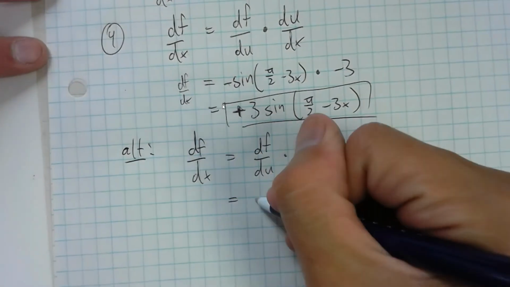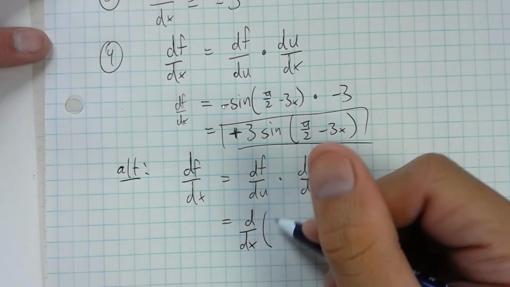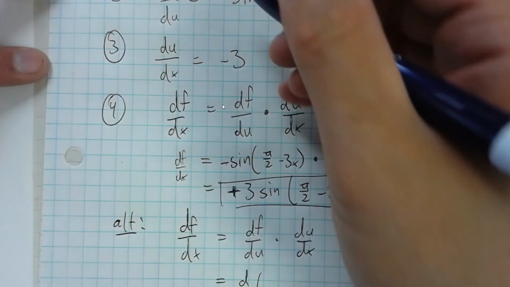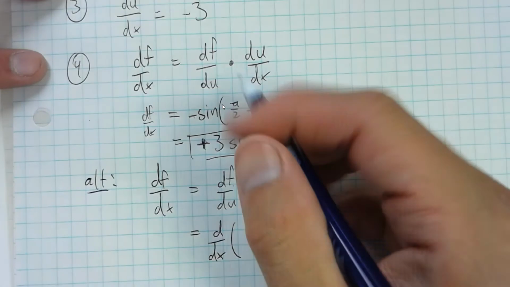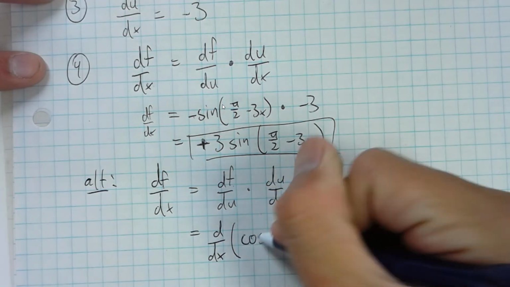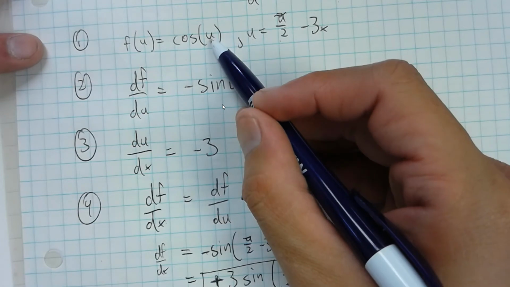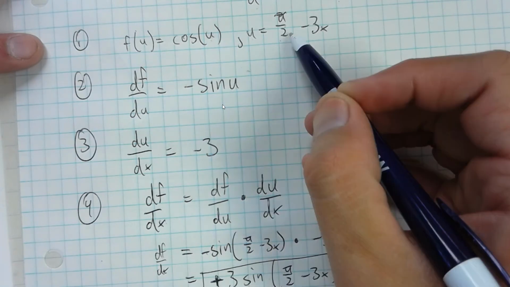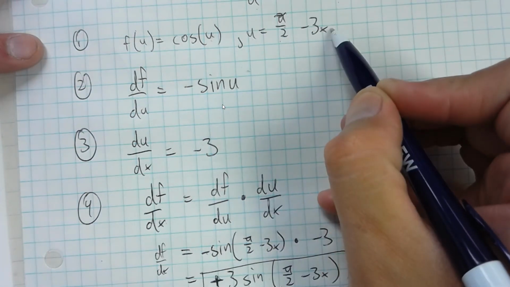And then you could have just said that the derivative with respect to x of f, well, f is equal to cosine of u. Remember, it has to be in terms of x, so you can't leave it in u. You have to substitute back in what u was equal to, because the actual u equation has x in it, so that's why we want everything in terms of x.